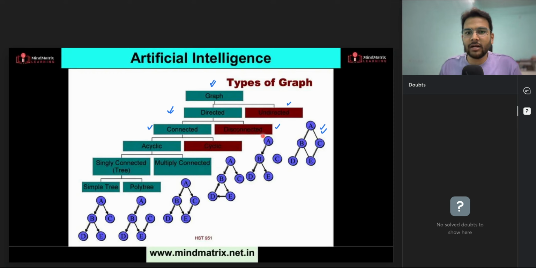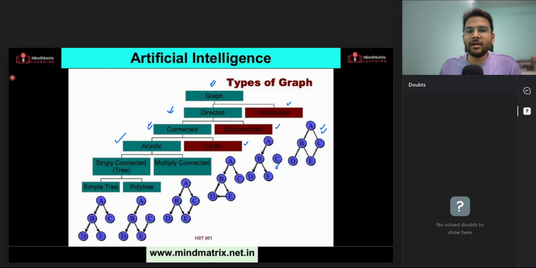In the disconnected graph, you can see this node or vertex C is not connected to the other component of the graph, right?